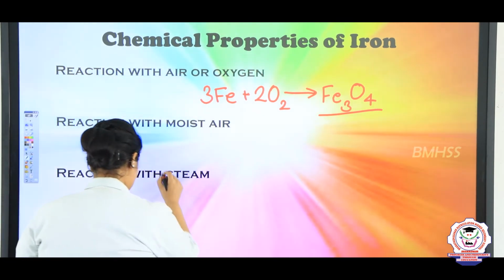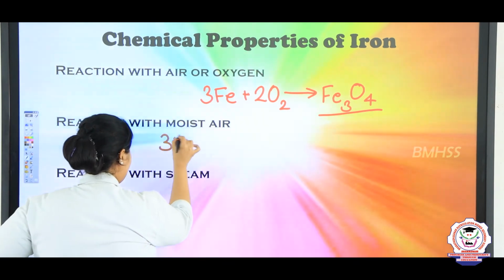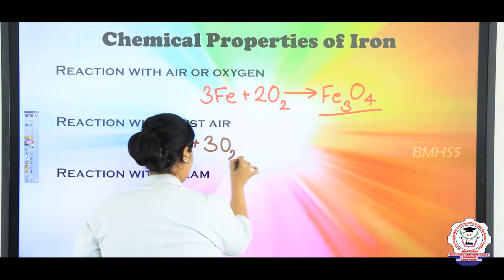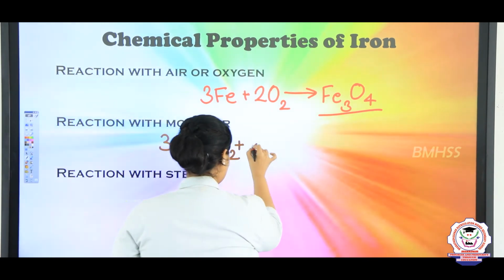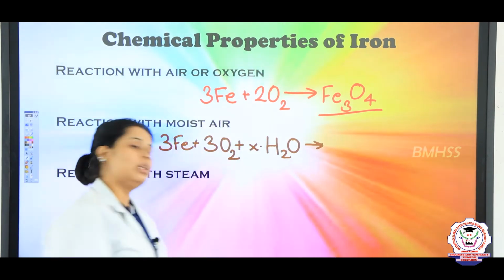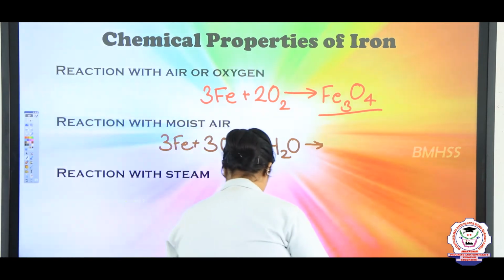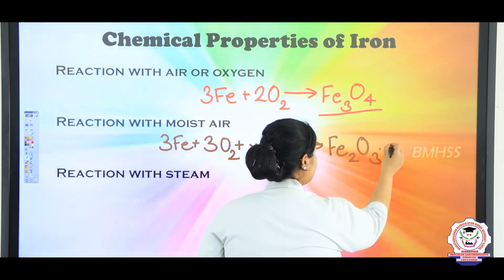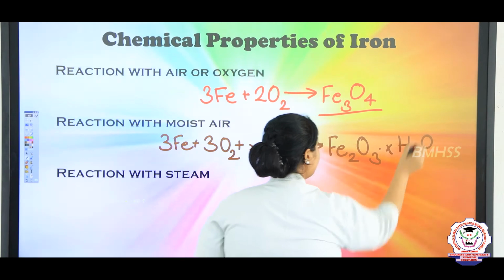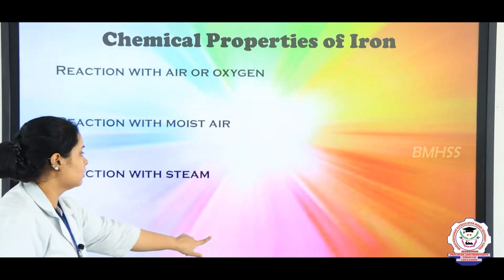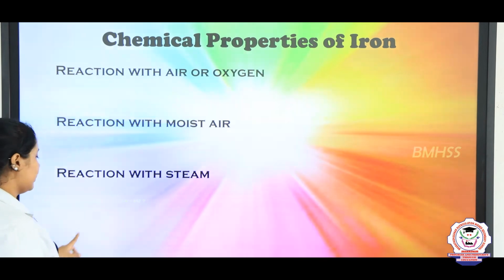So, the reaction will go on as 3Fe plus 3O2, and again you will see that X molecule of water is there, and the substance which you are getting here will be Fe2O3 plus X molecules of H2O. Okay? So, this substance is also known as an oxide.